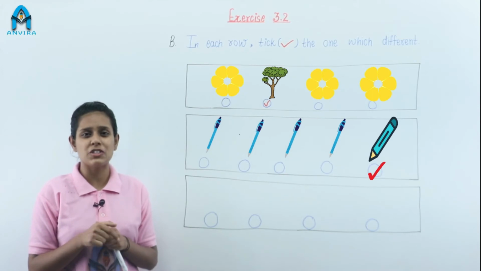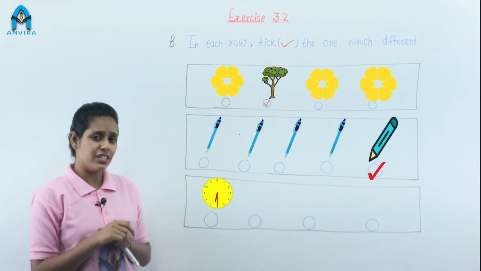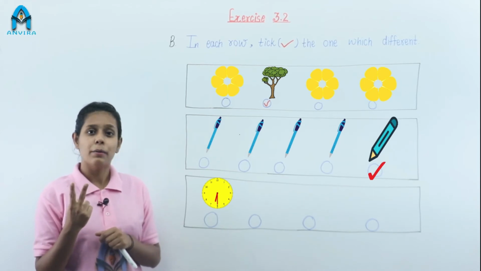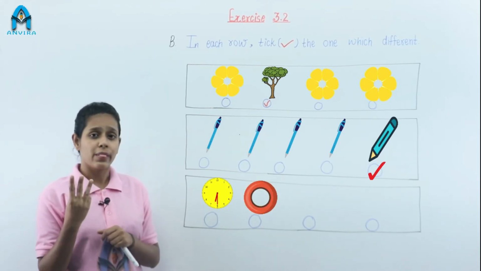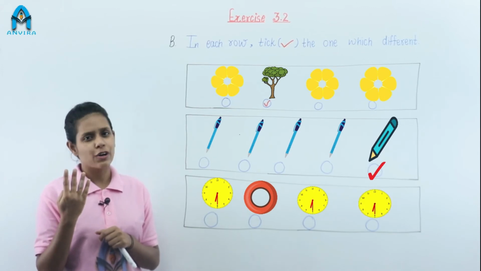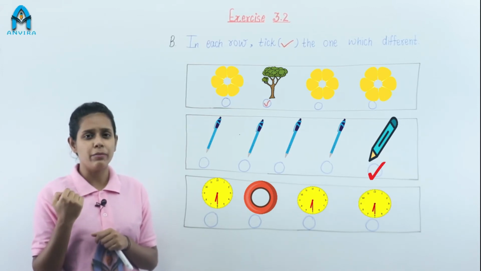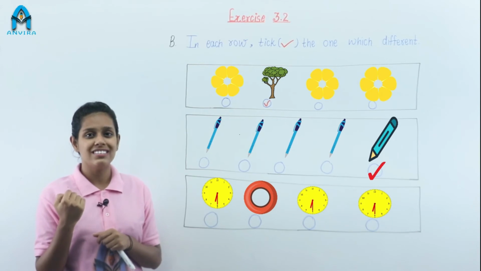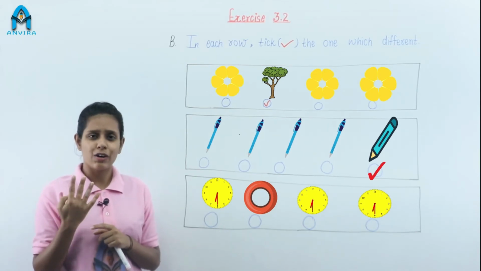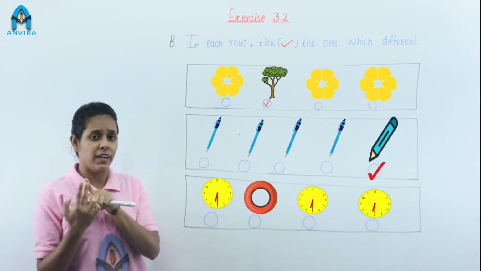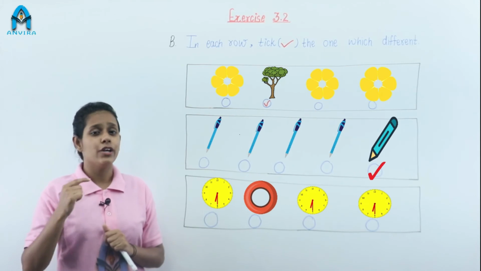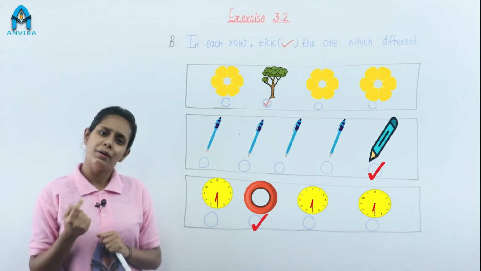What do you see in this picture? First, clock. Second, plate. Third, clock. Fourth, clock. Now, tell me, which is the different one? Plate. 3 clocks and a plate is the different one. So, that's why you have to tick the plate.